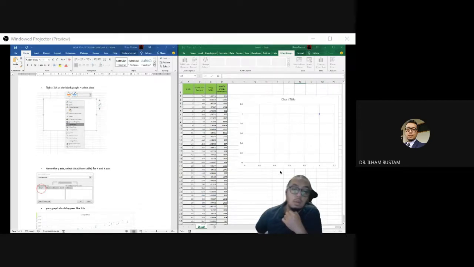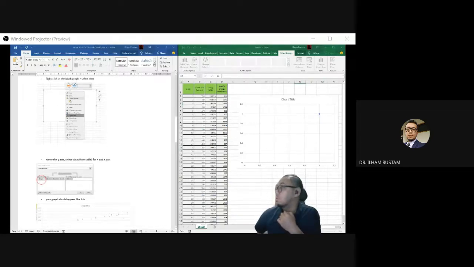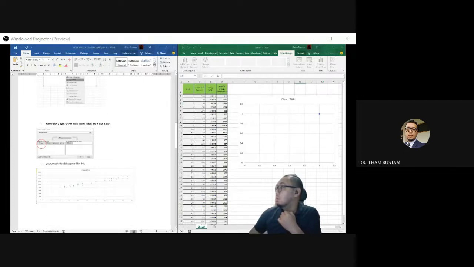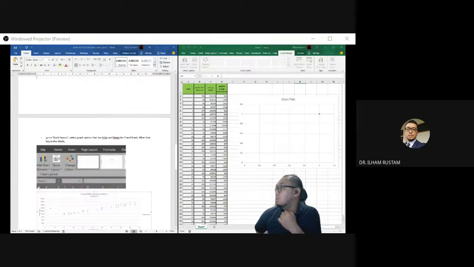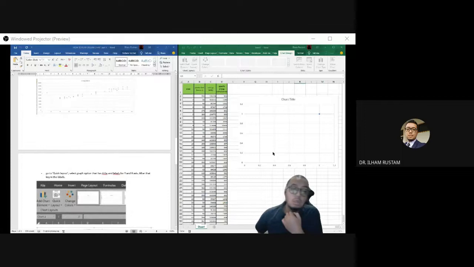For series X, you have to choose the production, so we'll be using production for series X, and series Y we need to use energy. Where did it go? Series Y should be energy.